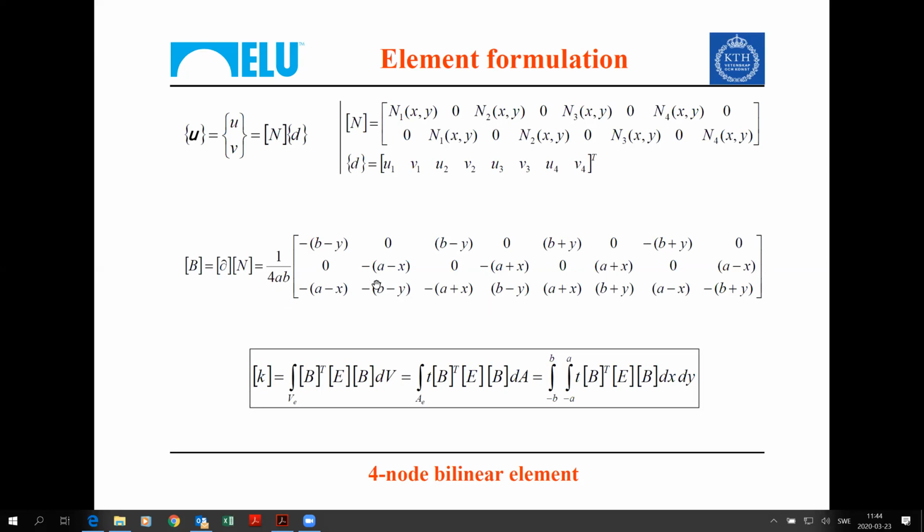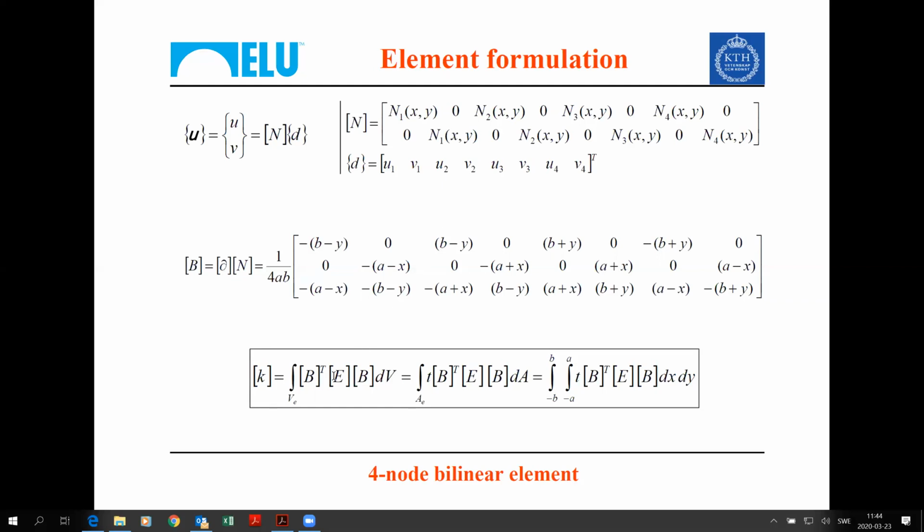So 4 zeros, and then dN1/dy, dN2/dy, dN3/dy, dN4/dy. And here we will have dN1/dy plus dN1/dx, and so on and so forth. So this is how we compute the B matrix: the differential operator, d/dx 0, 0 d/dy, d/dy d/dx, applied to the matrix of shape functions. This is our matrix B.